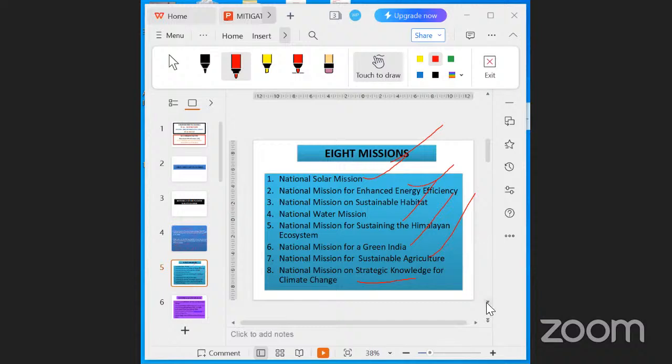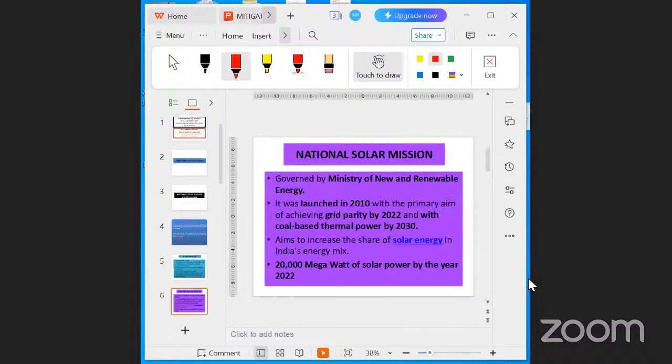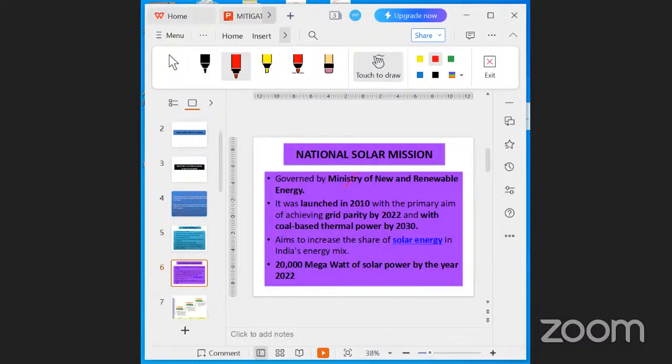First one is, what is this? National Solar Mission, right? You see here. It is governed by the Ministry of New and Renewable Energy, right?